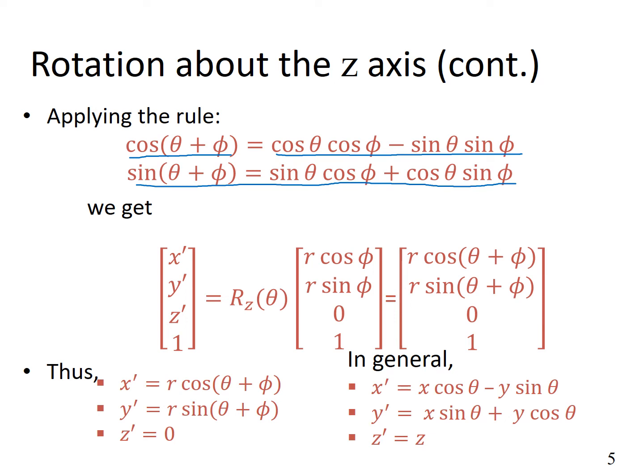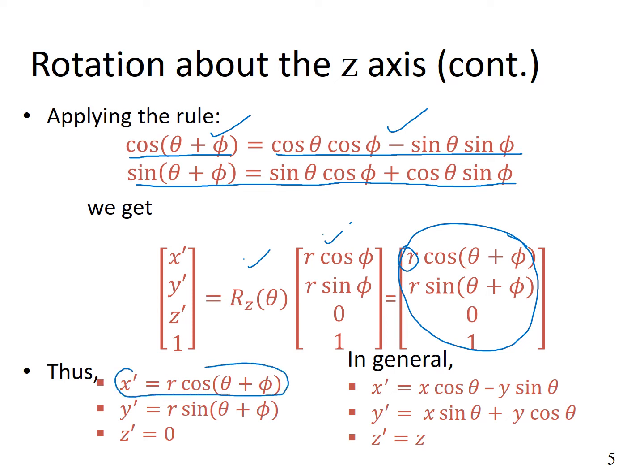Now multiplying the current location with the rotation matrix gives us this, from the previous slide. We substituted the values of these with this, and r was taken common, so we got r cos(theta plus phi), r sin(theta plus phi), and hence we get to our original form where we said that x dash is equal to r cos(theta plus phi) and y dash is equal to r sin(theta plus phi), and hence we have proved that our rotation matrix that we derived was correct.